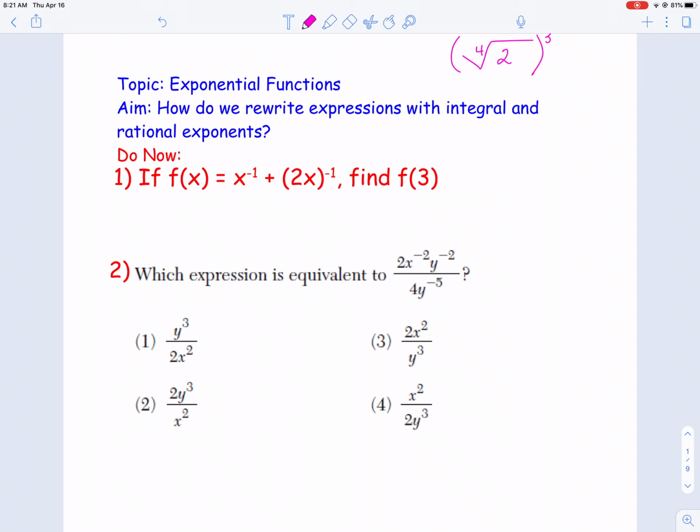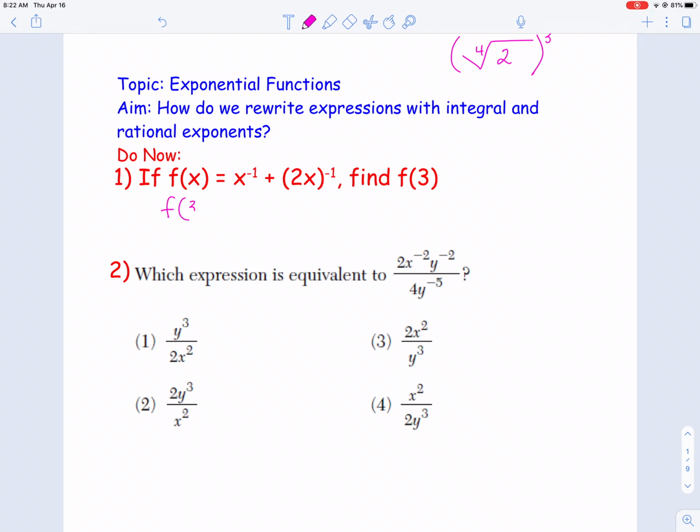If you have f of x equals x to the negative first plus 2x to the negative first, and they want you to find f of 3. They're giving you a basic function, and that just means wherever you see an x, you plug in a 3.